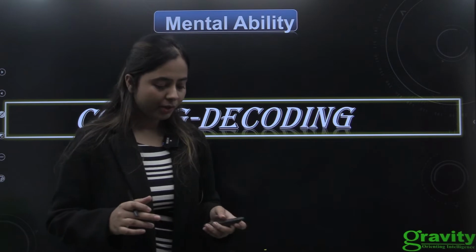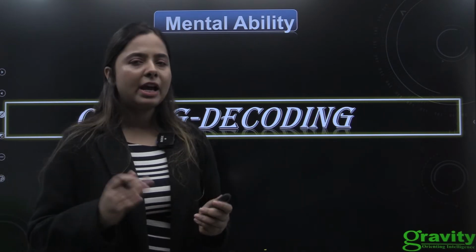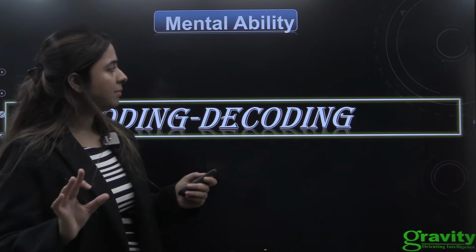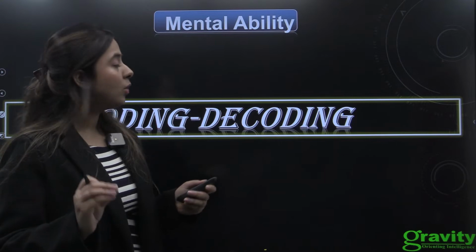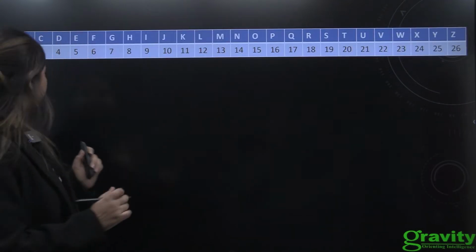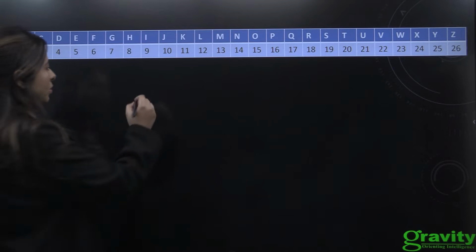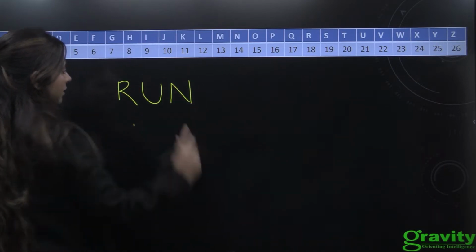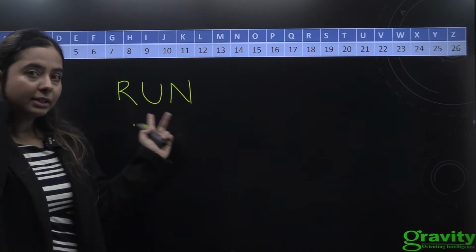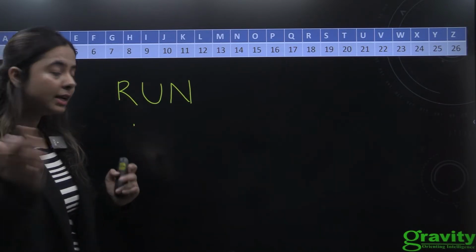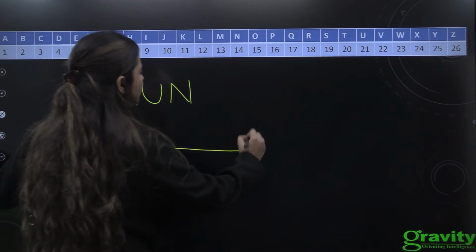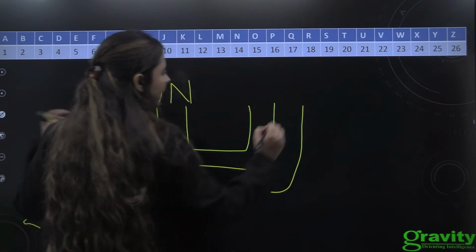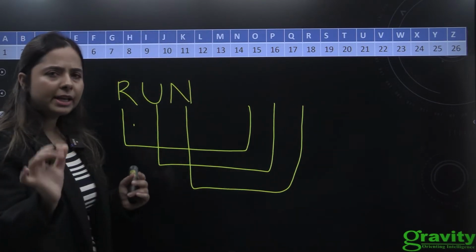For instance, suppose my friend and I have a secret code between the two of us, and I want to convey a message to him without letting anyone else know about it. So what am I going to do? I am going to make use of the pattern that we both know, which could be anything.